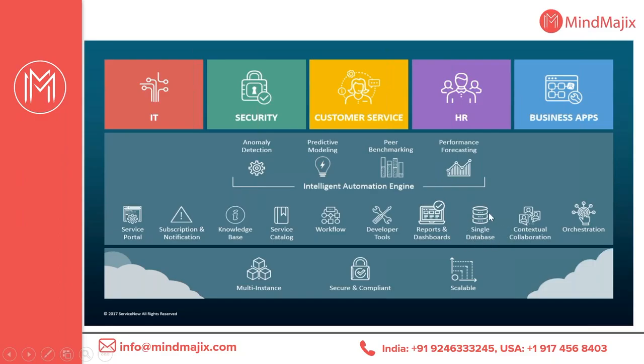The data center has a database, and the database used behind the scenes is MySQL. We have orchestration also. As I said before, this is multi-instance, secure and compliant. As it's a cloud platform, many people have the question whether it's secure or not. It gives a lot of focus to security, and it is very secure and compliant. It is also scalable, that's for sure.